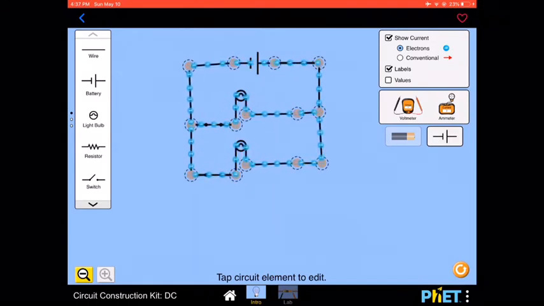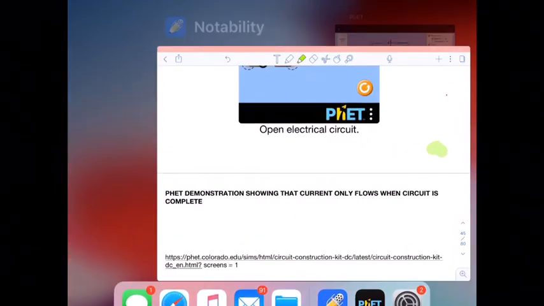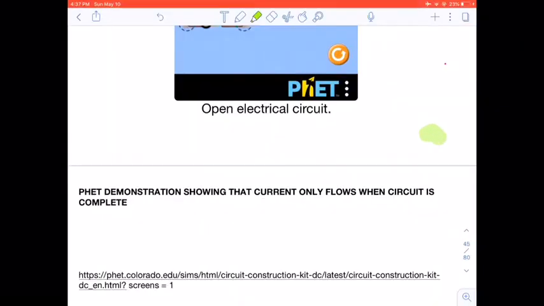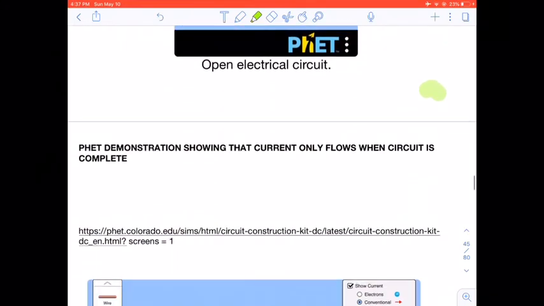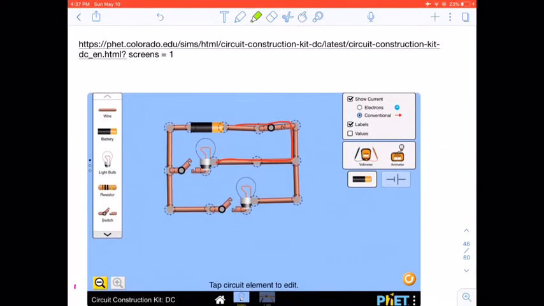You've got your cell and you've got your two bulbs. Right, so there you have that, and that gave you an indication of your current moving through the circuit, and when your switches were closed, you found that the bulb burned, right?